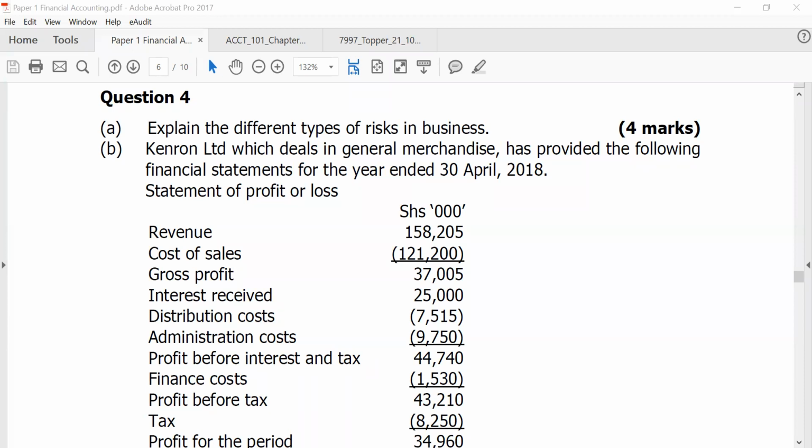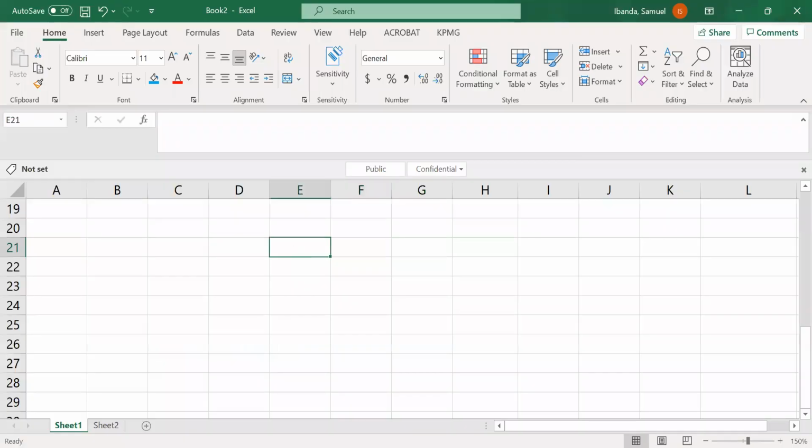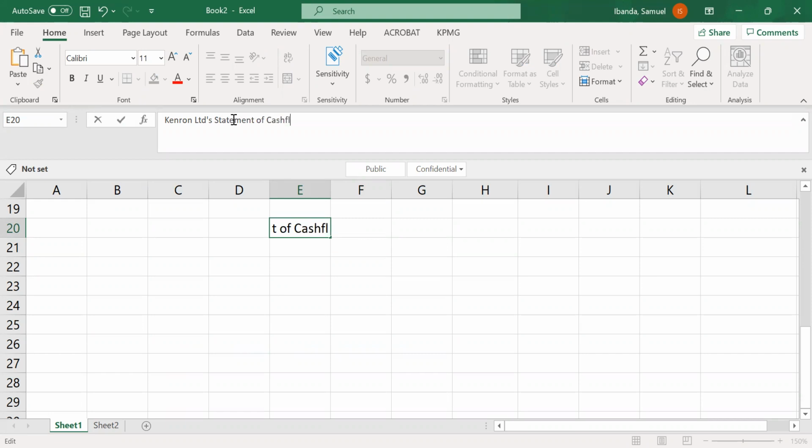work on our numbers. So I'm going to share my Excel where I'm going to work these numbers from. So this business is called Kenron Limited. So I'll have my heading as Kenron Limited statement of cash flows.